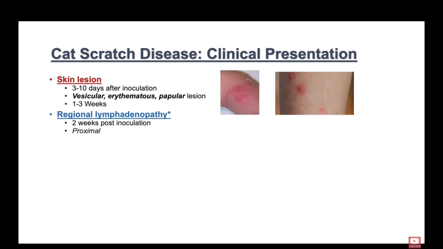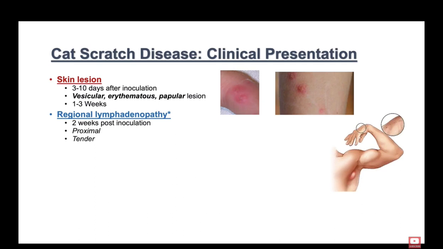It is proximal to the inoculation, and it is tender. So if a cat scratch or bite occurs in the arm, we can see this tender proximal lymphadenopathy, usually in the axillary nodes. We can see in this picture here that we get this tender lymphadenopathy, axillary nodes, proximal to the inoculation.